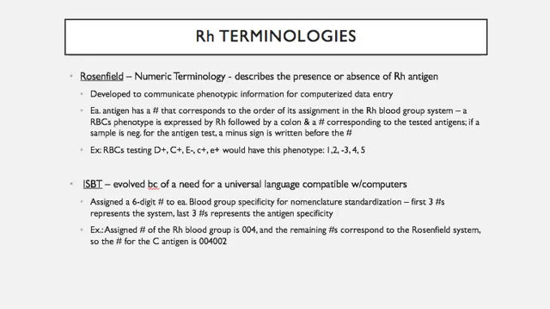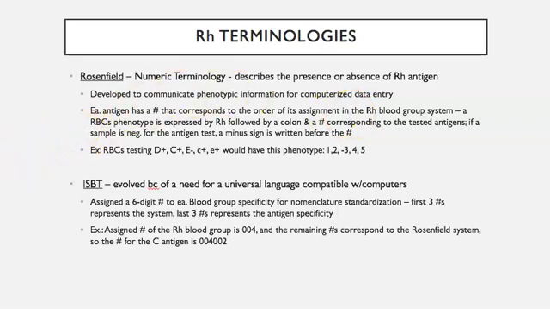A red cell's phenotype is expressed by Rh followed by a colon and then a number corresponding to the tested antigen. If a sample is negative for the antigen tested, a minus symbol is written before the number. You can see an example of that here, but again, this is for computer data entry, so this is not something that we would use in the lab.